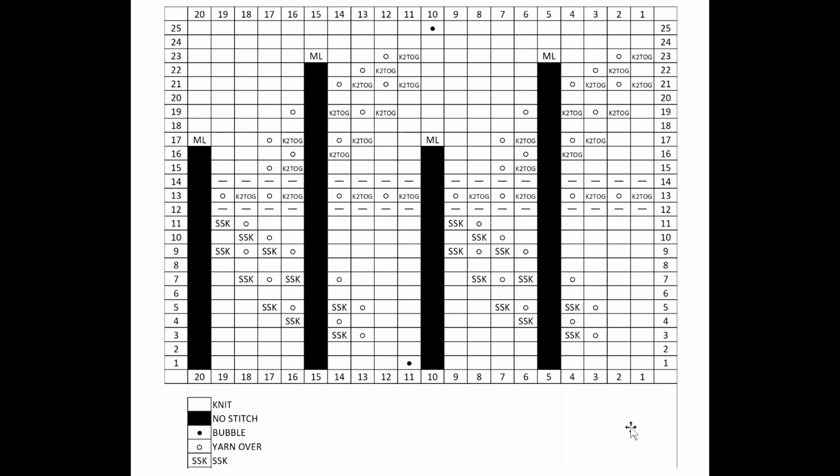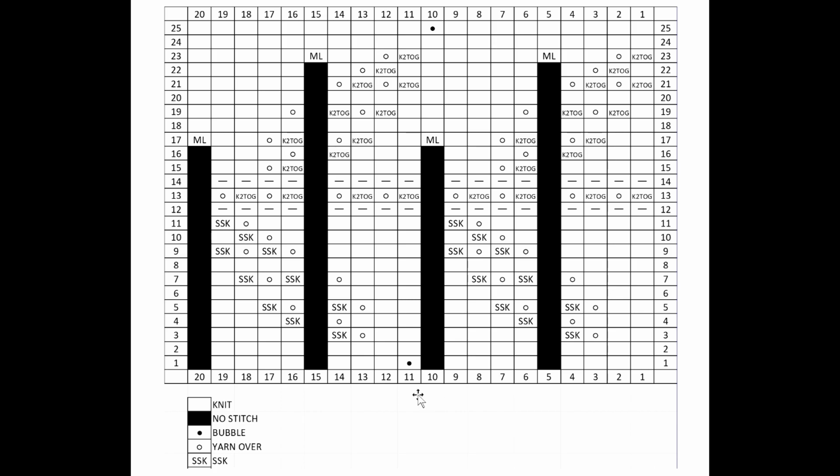So what do I mean by no stitch? It means no stitch. However, a lot of people get confused because even though I'm saying start with a multiple of 16, the stitch count is from 1 to 20. So some people say, okay, this make bubble is at the 11th stitch.